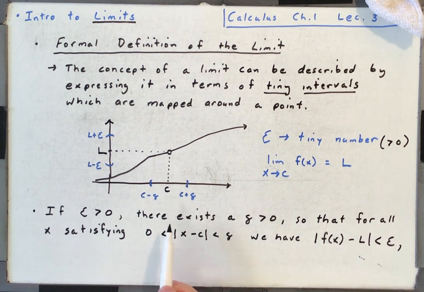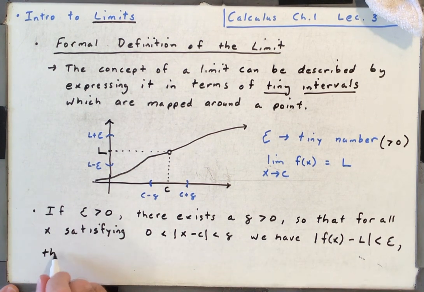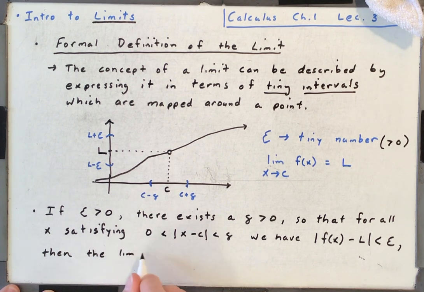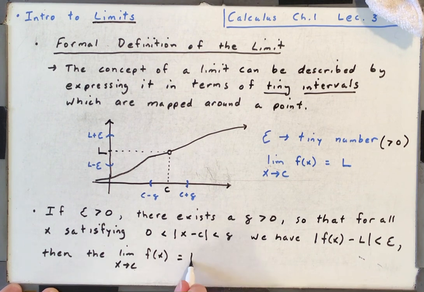So if there exists a delta greater than 0 so that for all x satisfying that interval we have f of x minus L less than epsilon, then the limit as x approaches c of f of x is equal to L.